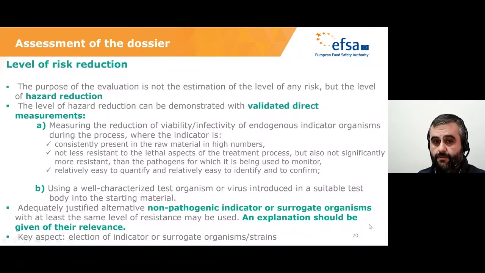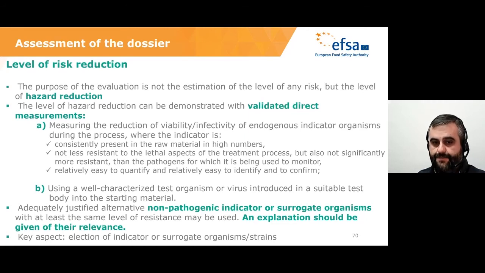So again, in both cases, whether it's an indicator organism that is naturally present in the material, or a surrogate organism that has been artificially inoculated in the material to see what happens over the process, a clear explanation and a clear proof that it is an adequate indicator or surrogate organism should be provided in the application.